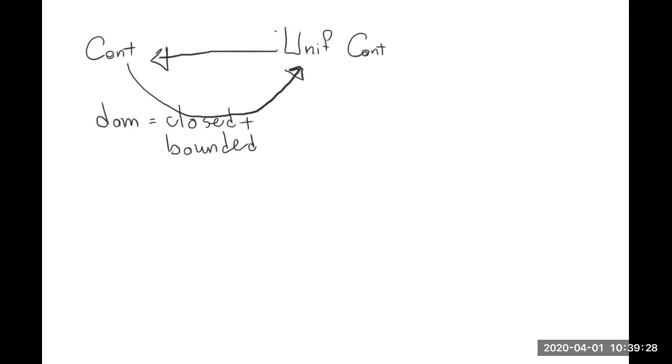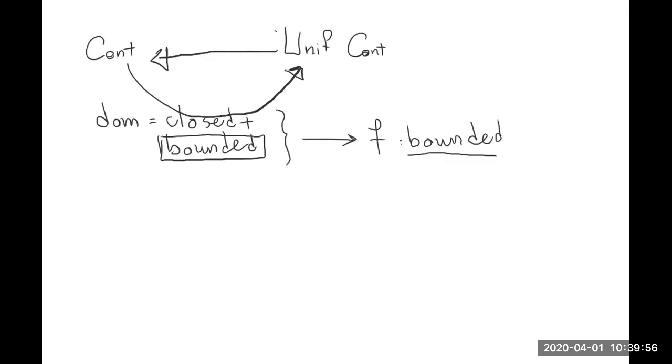It is about the domain, not the function itself. So the function itself doesn't have to be bounded, but actually this is a corollary. If the domain is both closed and bounded, the function f itself also becomes bounded. So that's also correct. But the other way around is not correct.